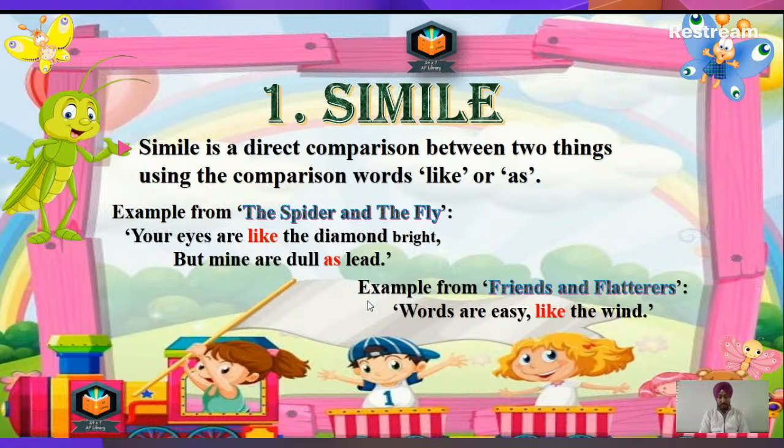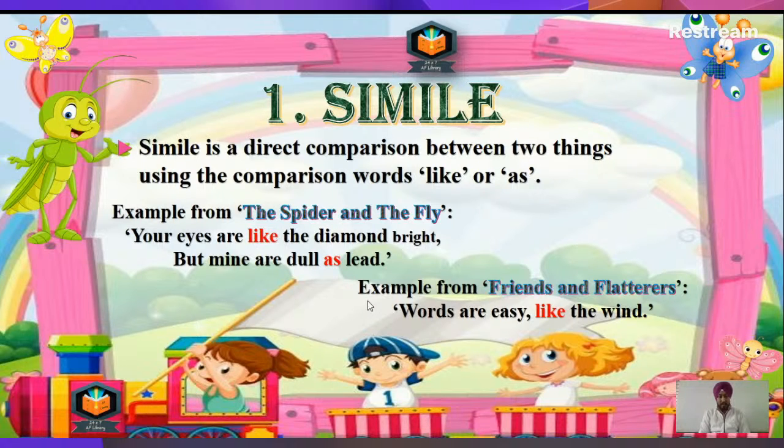Now, an example from the poem The Spider and the Fly. Your eyes are like the diamond bright, but mine are dull as lead.